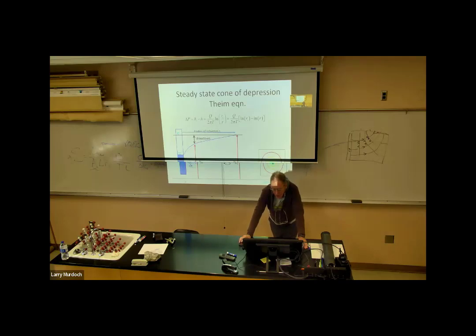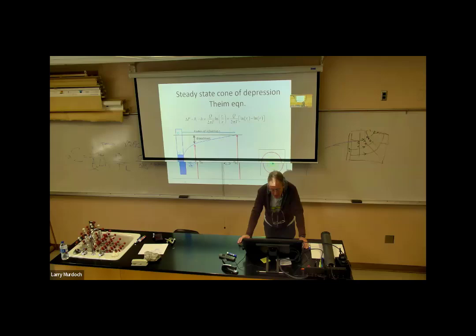So here's a simple analysis of the hydraulic head as a function of radial distance. This is called the Thiem equation. And this was the first equation for the hydraulic head in the vicinity of a well. This is steady state, and what we're assuming is that water is being pumped out of the well, and that we know what the radius of influence is, and we can use that in the equation there.